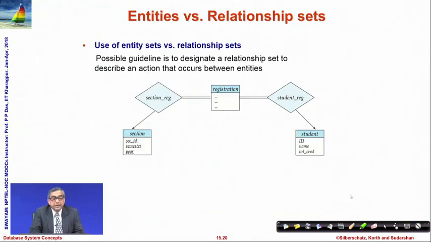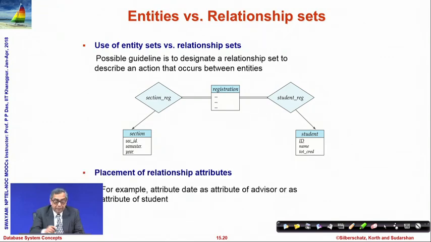You can have entities versus relationships. For example, if we need to keep information about registration, how students register to different sections, then we could represent registration as an entity set and have different relationships: section reg, which specifies how registration is related to section, and student reg, which specifies how registration is related to student, to represent that kind of information.